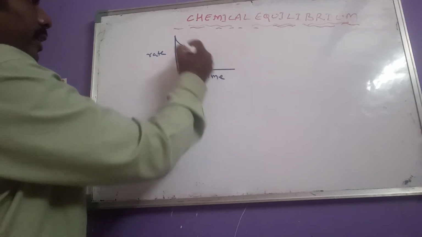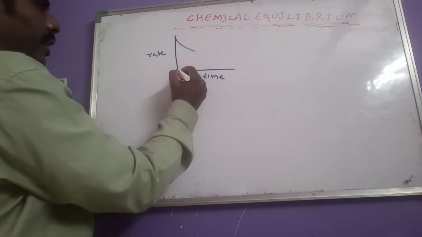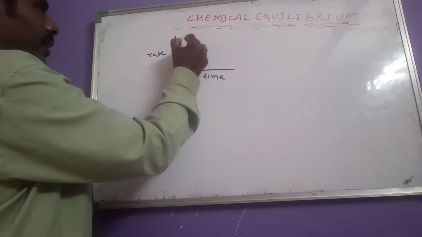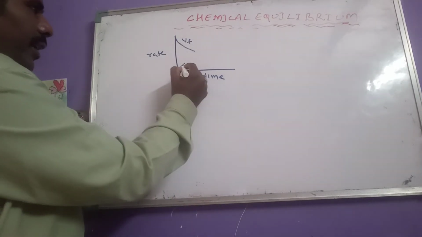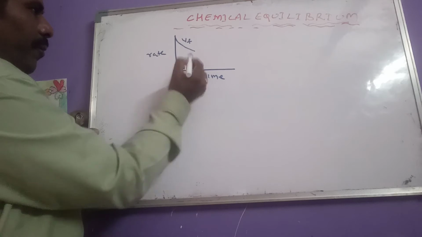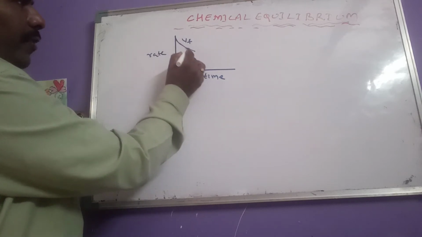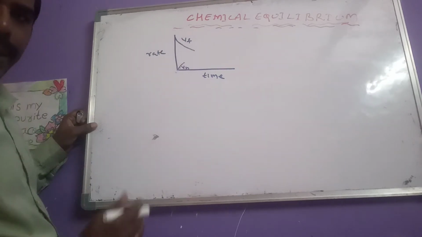As time increases, the rate of forward reaction decreases, and the rate of backward reaction increases. Initially the velocity of forward reaction is maximum and the velocity of backward reaction is minimum.